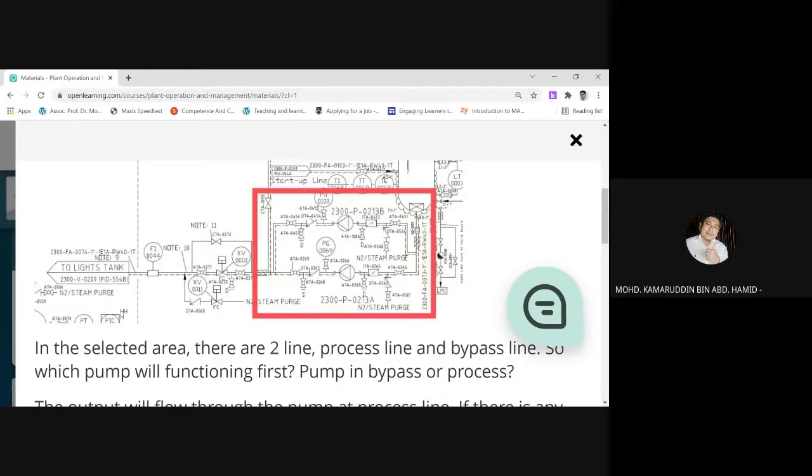Which pump, in your opinion, when you operate it, will increase the outlet temperature? Oh, sorry, both basically will increase your outlet temperature. But which one will give you the highest one? 50% ataupun 75%? We're talking about pump. We're talking about pumping process.